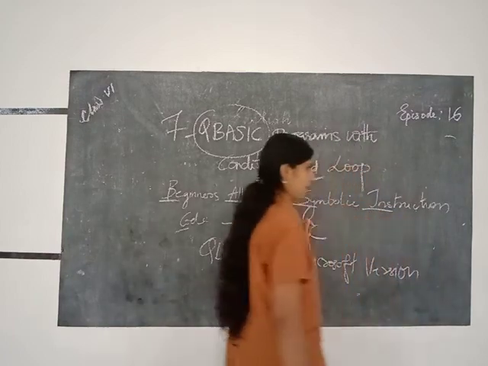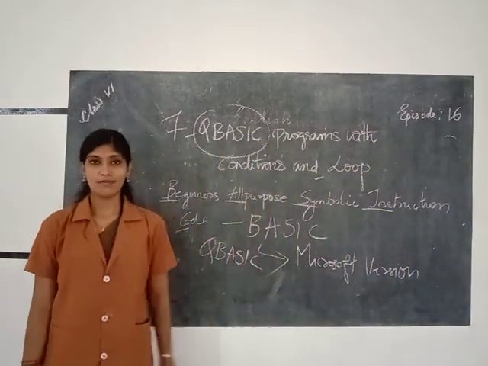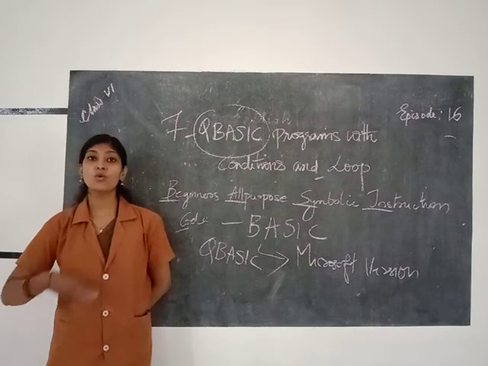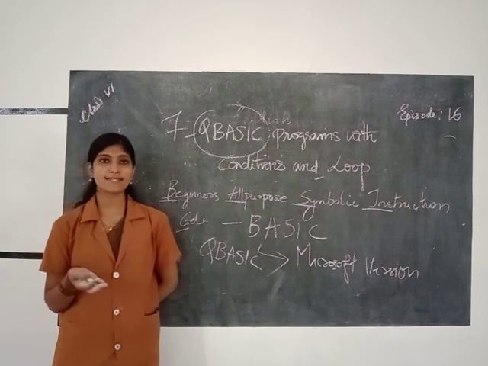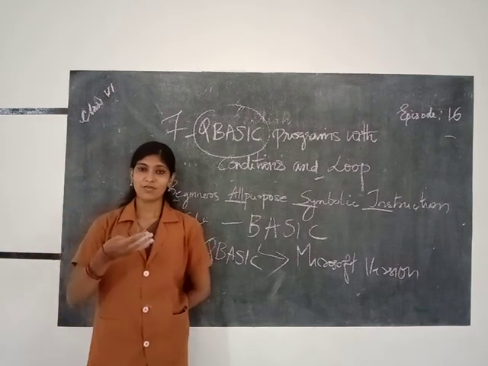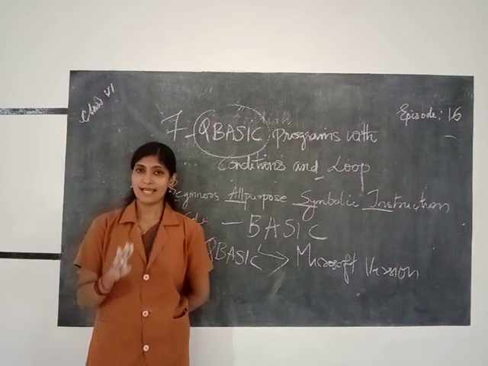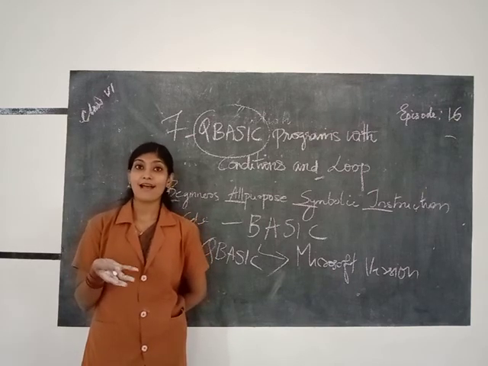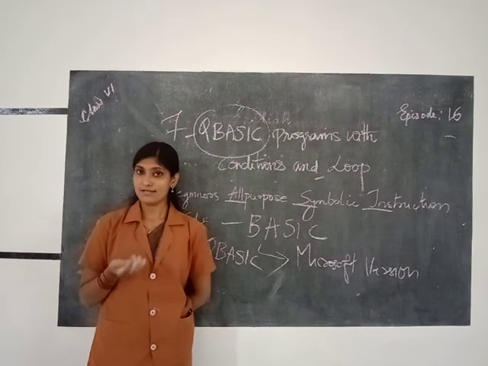Right. So why do we use a programming language? To do our work very easily, to program the computers to perform operations. For example, a calculator. We can simply add huge numbers and multiply very large numbers.